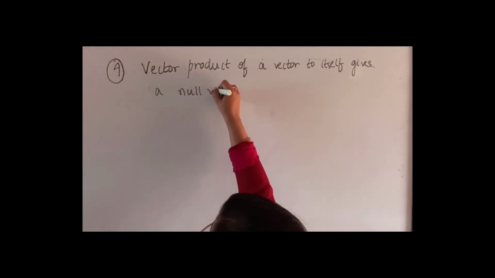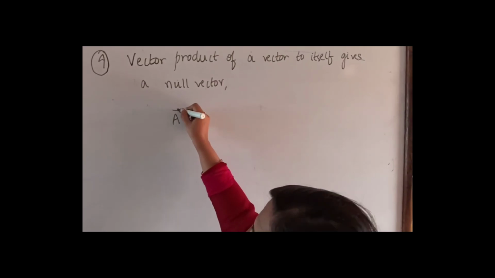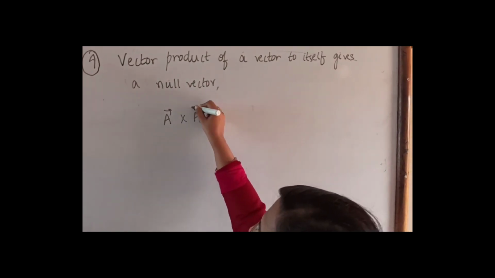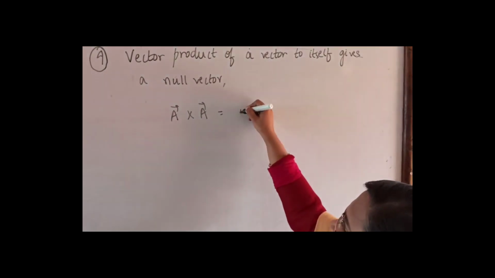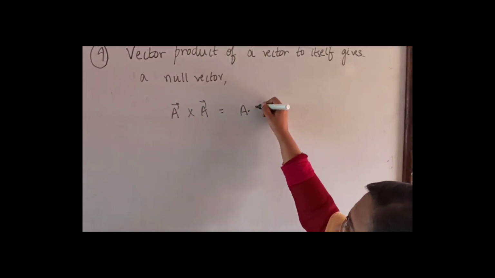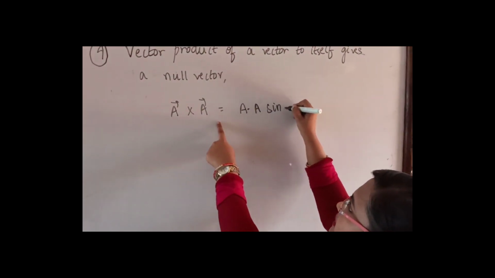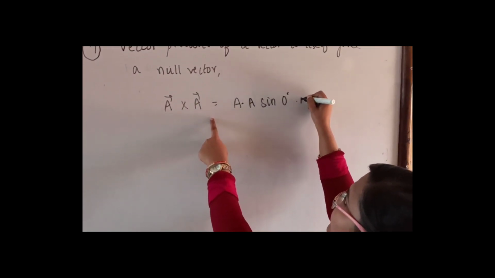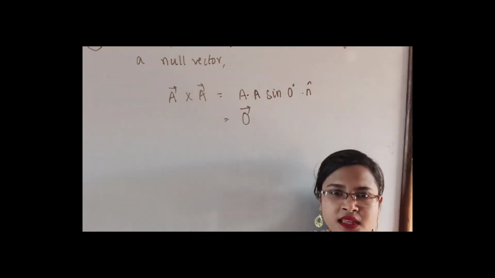Say that if I wish to multiply vector A to the same vector A, the angle between them is 0 degree, that is the magnitude of vector A, the magnitude of vector A, sin 0 degree n cap. This will also give rise to a null vector. Clear?